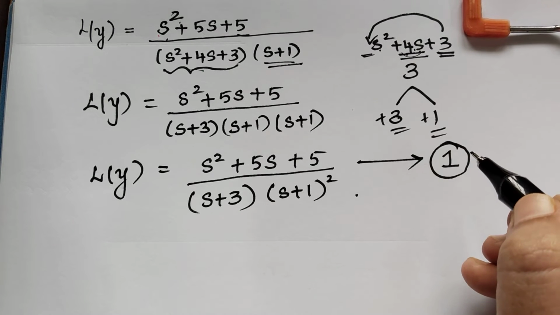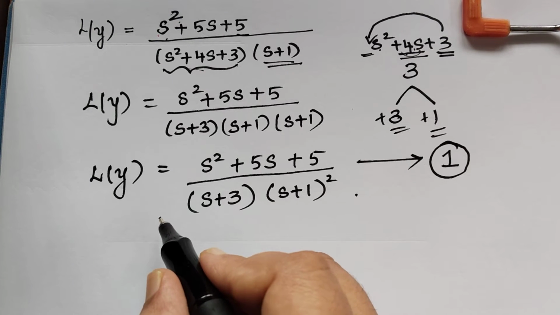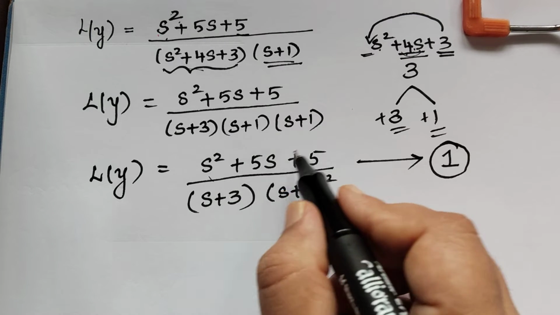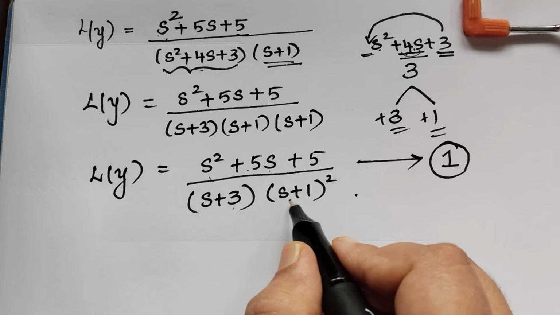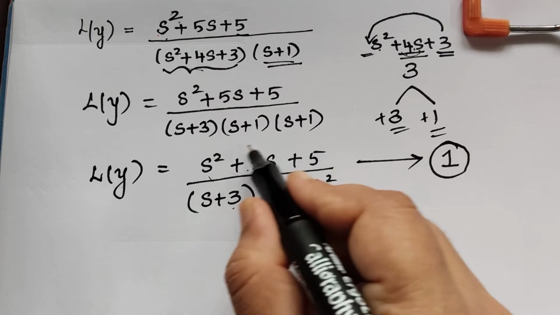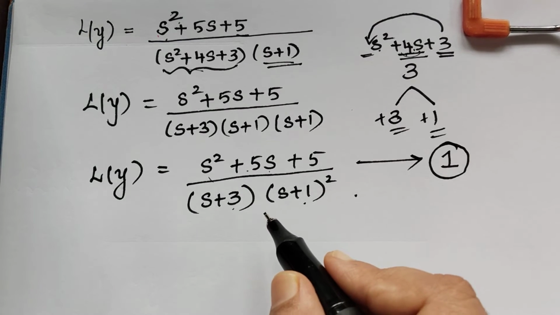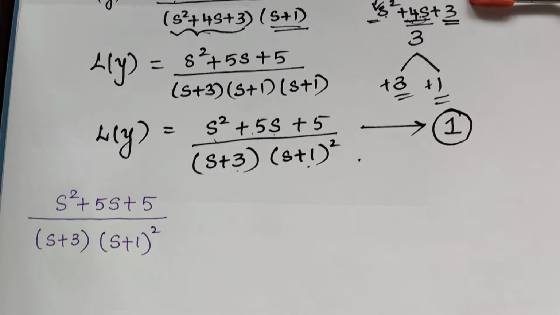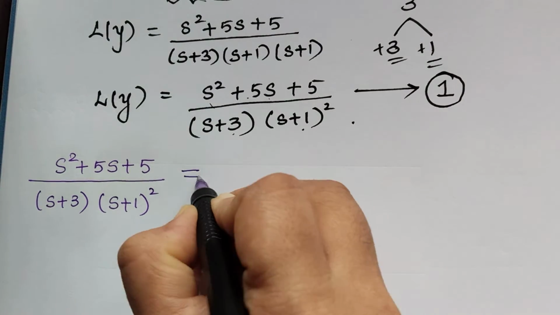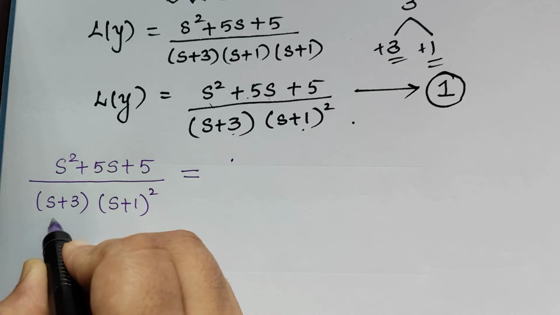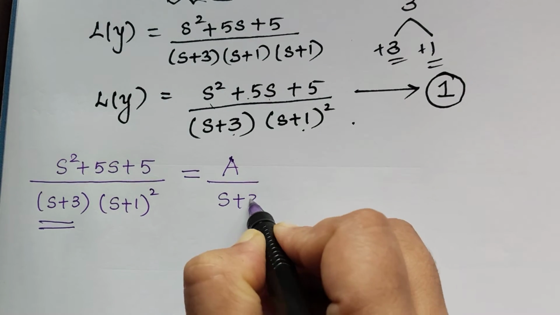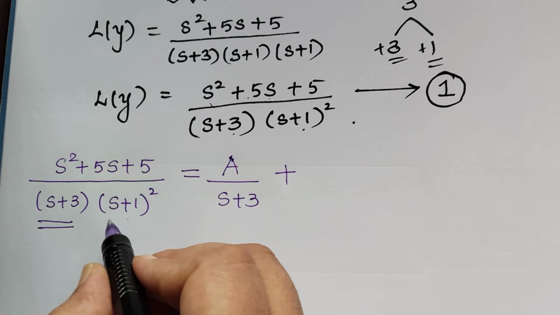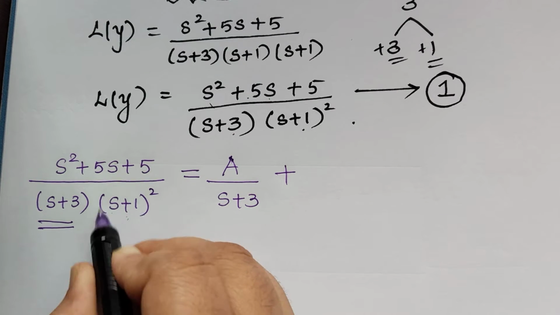Now by using partial fraction, we shall first find this, that is s squared plus 5s plus 5 divided by s plus 3 multiplied with s plus 1 the whole squared. Let us simplify it by using partial fraction. So when we split using partial fraction, the first factor is s plus 3, so a divided by s plus 3, plus the next factor, s plus 1 the whole square.